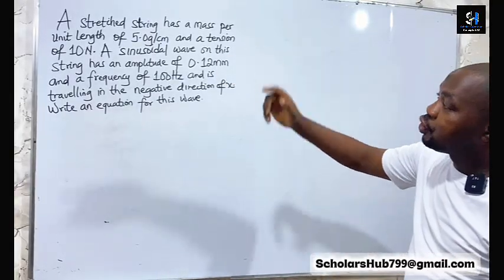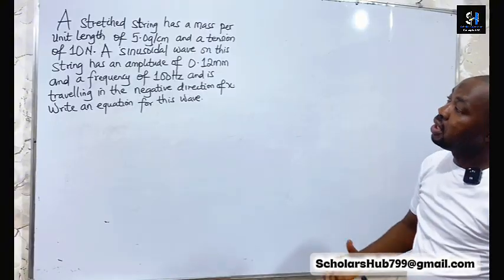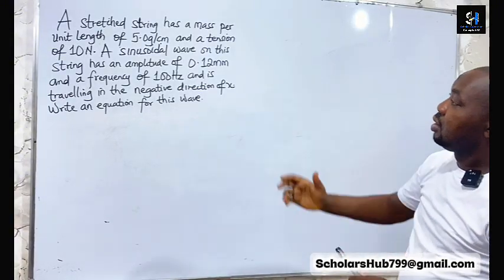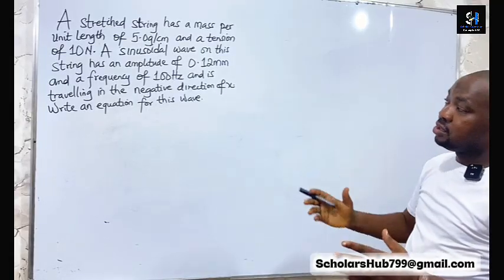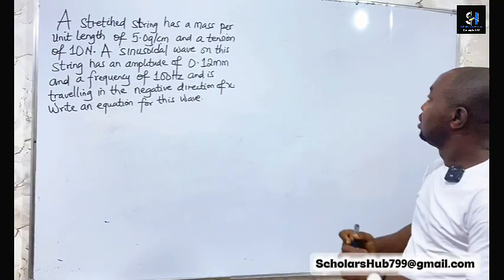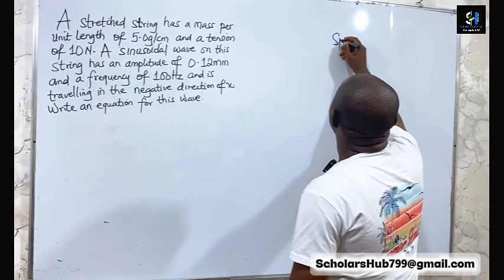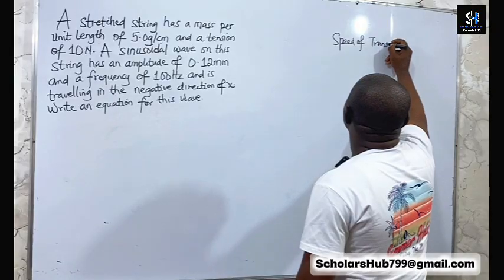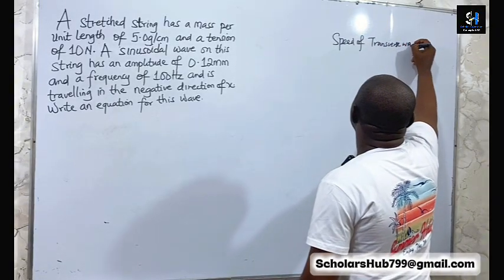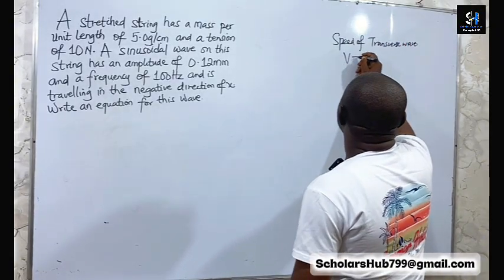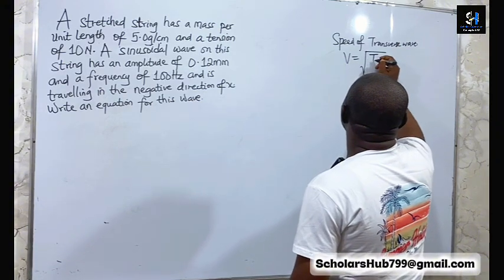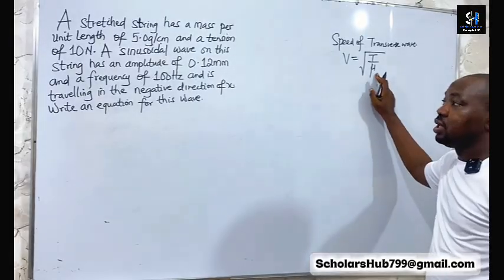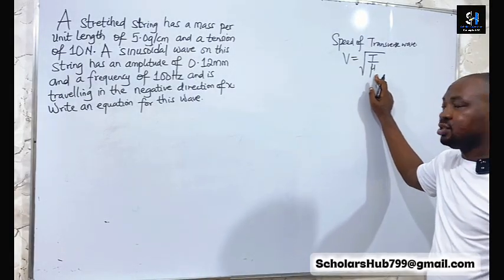Like I said, for a stretched string having a mass per unit length of 5.0 grams per centimeter and a tension of 10 Newton, we're going to use the formula for calculating the speed of a transverse wave. For a transverse wave, v equals the square root of tension divided by mass per unit length, also known as linear density.